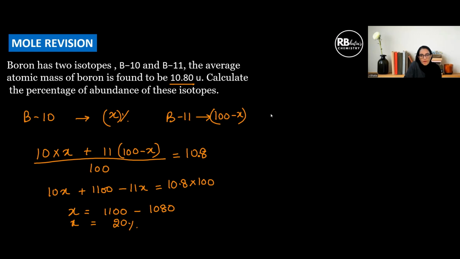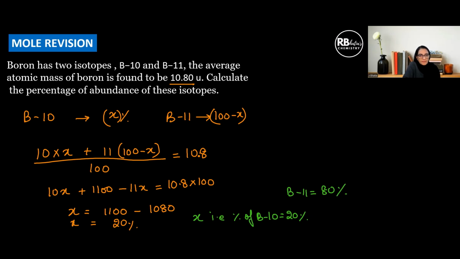So therefore, our answer will be x, that is the percentage of boron 10, is going to be 20%, and that of boron 11 will therefore be 100 minus 20, that is 80%.